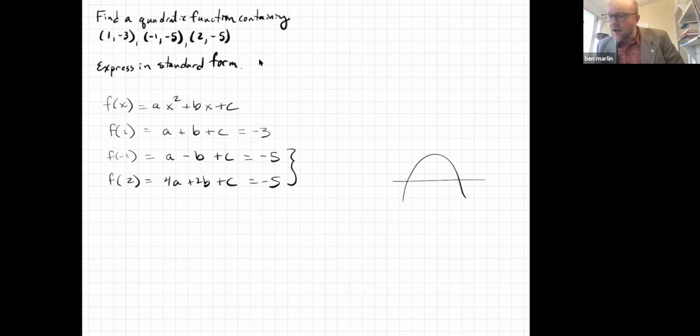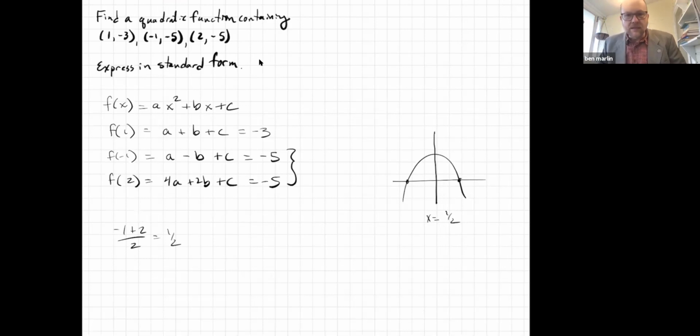If you drew a line that had that y value there and looked at your graph, it should be symmetrical around some axis there. And that axis would be exactly halfway between those 2 x values. So that would be halfway between -1 and 2. So if you take -1 plus 2, divide by 2, just averaging them there, you get a half.